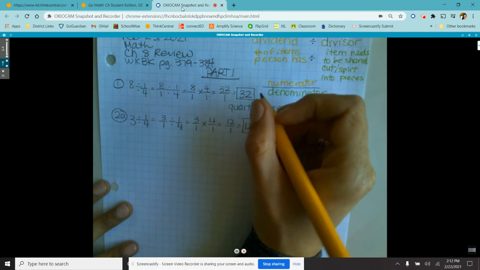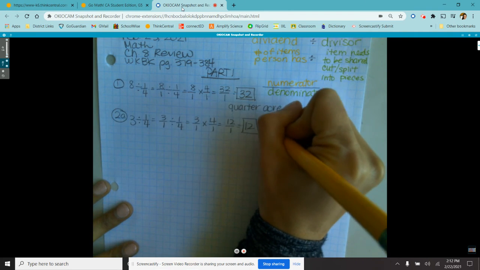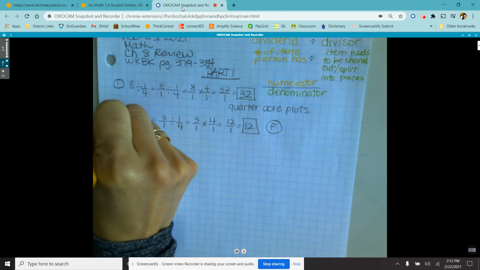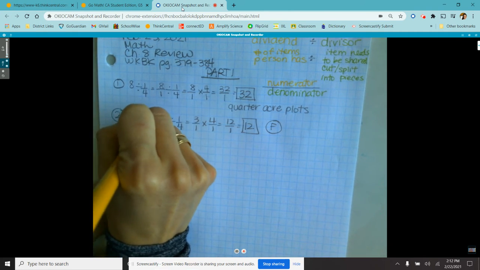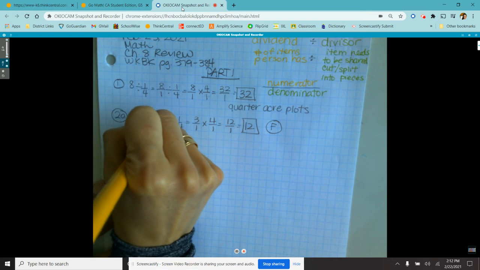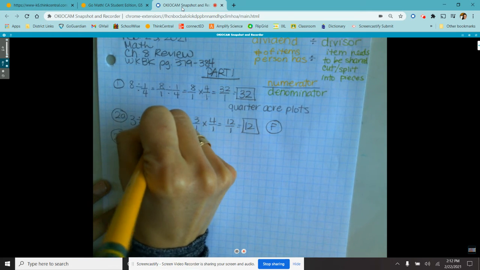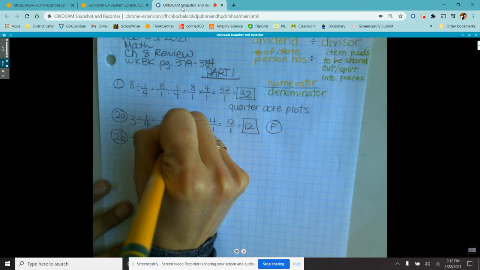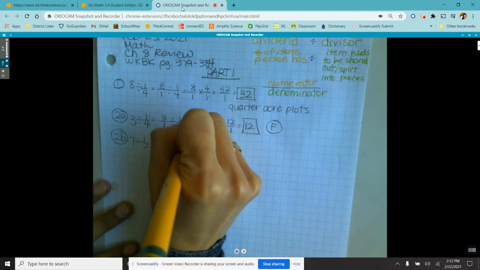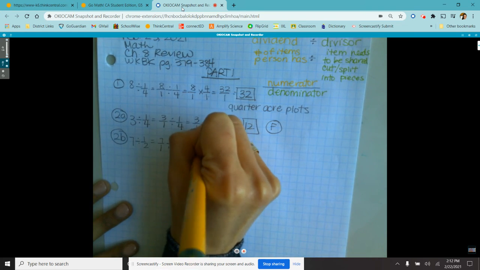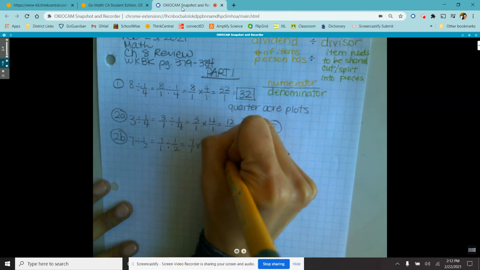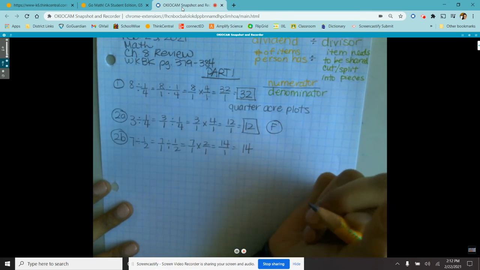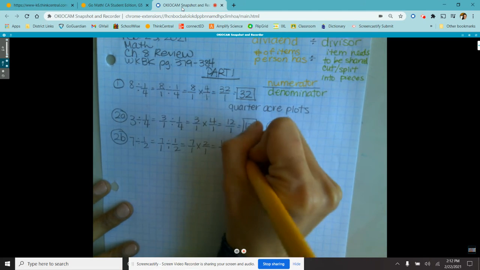So it is not 1/12, so this is false. 7 divided by a half equals 7 over 1, divided by a half equals 7 over 1, multiplied by the reciprocal of the divisor, and that equals 14, which is true.